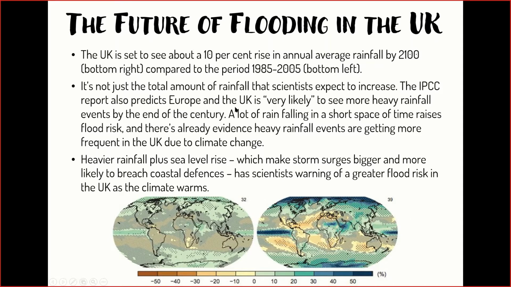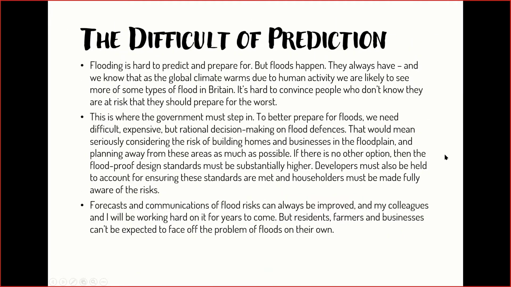The Intergovernmental Panel on Climate Change says that Europe and the UK is very likely to see more heavy rainfall events. So that intense rainfall, as you know, leads to more likelihood of flooding, flashier floods. If you combine that with sea level rise, storm surges will get bigger, which is more likely to breach those coastal defences, and that links to the wind that we just talked about as well.